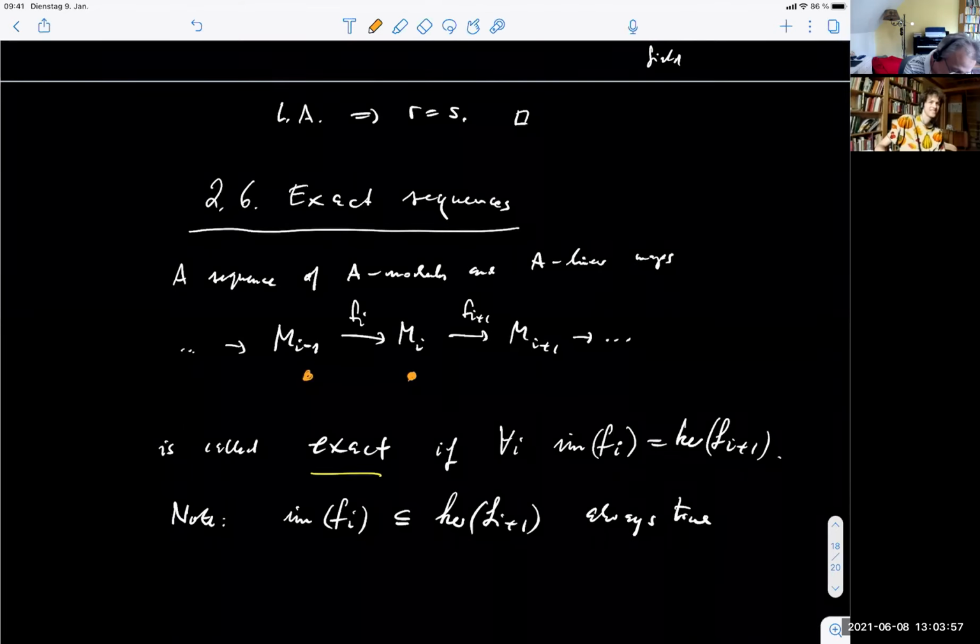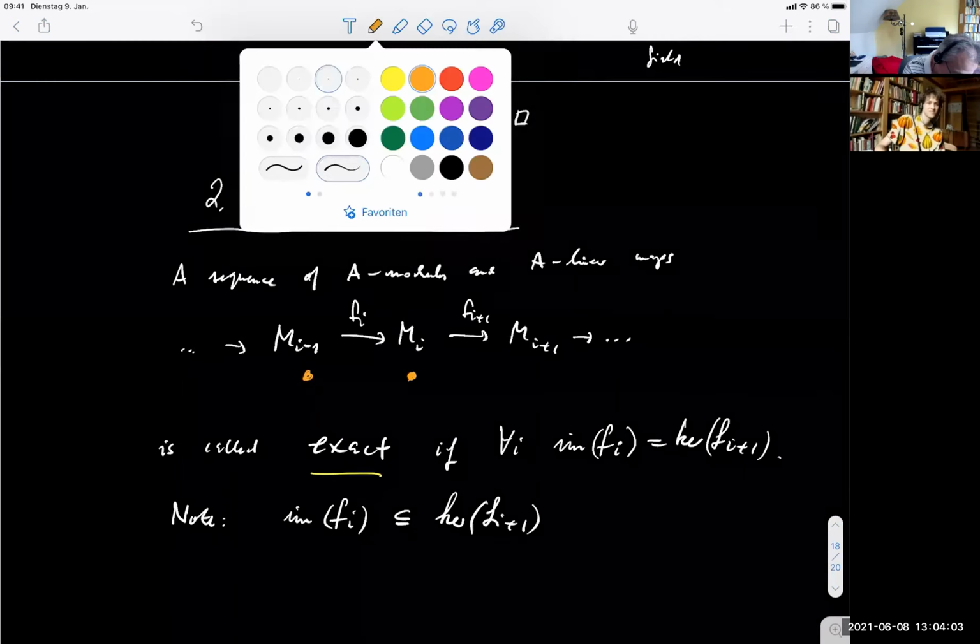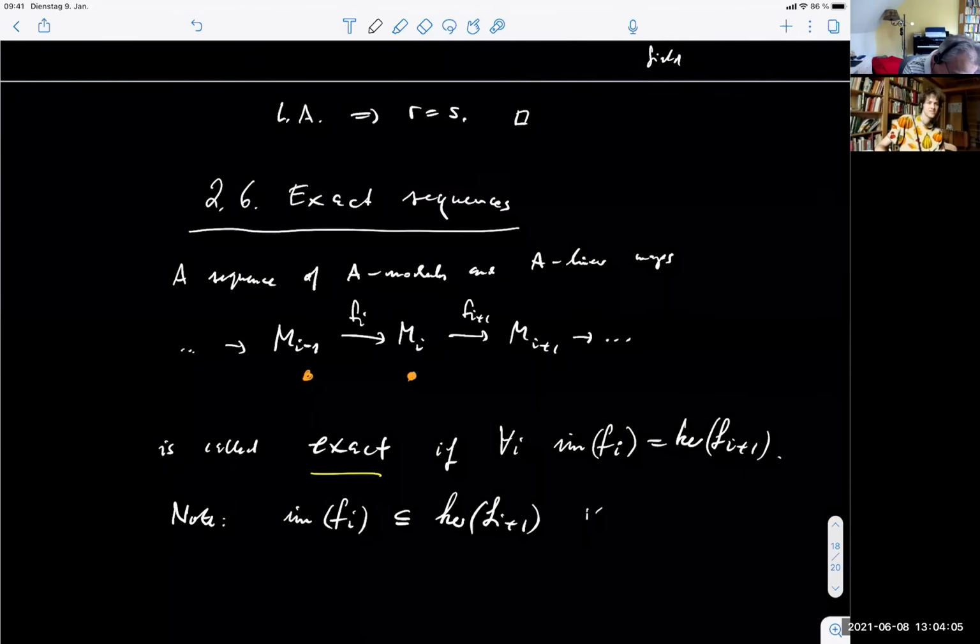I'm going to correct it. Sorry for the confusion. Here is the remark. I have the idea it will help a little bit to explain the concept. So we have a sequence here.